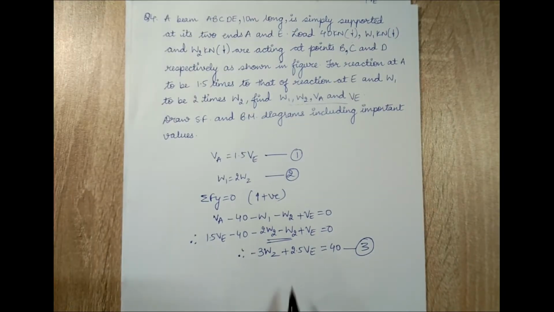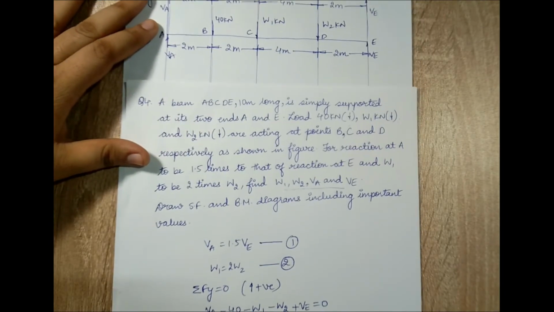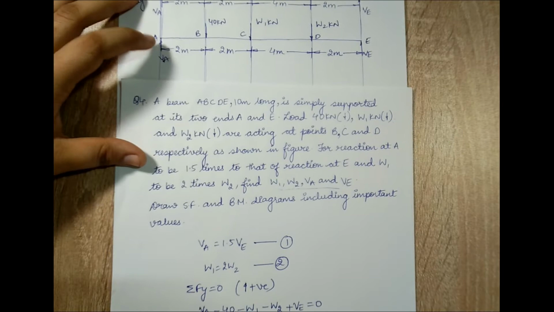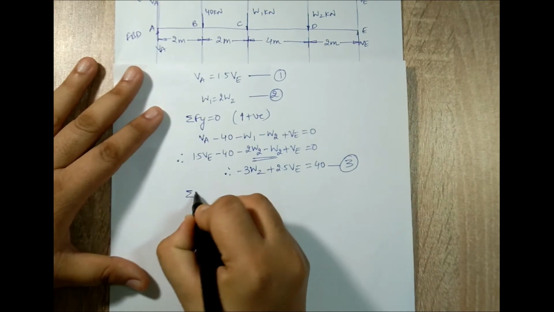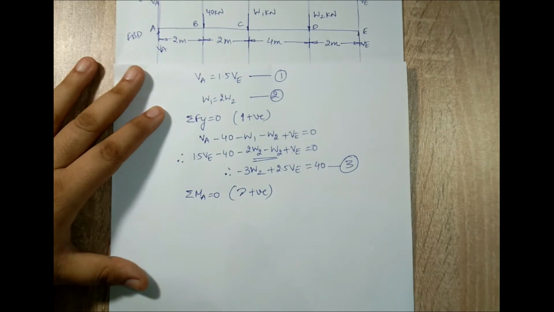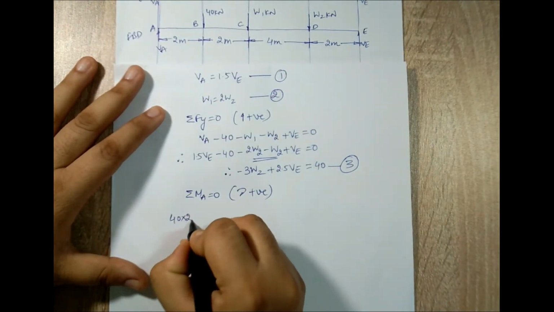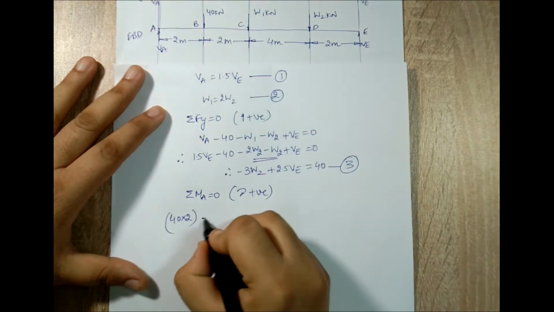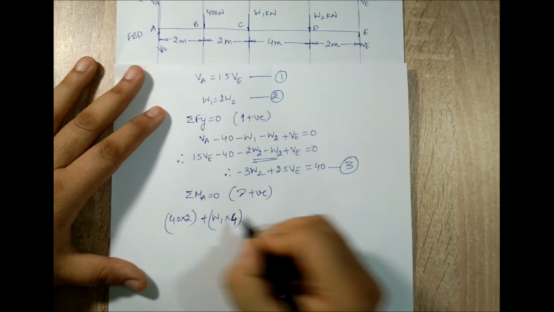Now I need one more equation to calculate these values of W2 and VE. So I'll use summation of moment about a point is 0. So I can take summation of moment about point A. So I'll write down summation of moment about A is equal to 0. Now I'll take clockwise moment as positive. So 40 is turning clockwise towards A. W1 is also turning clockwise towards A, W1 into 4.